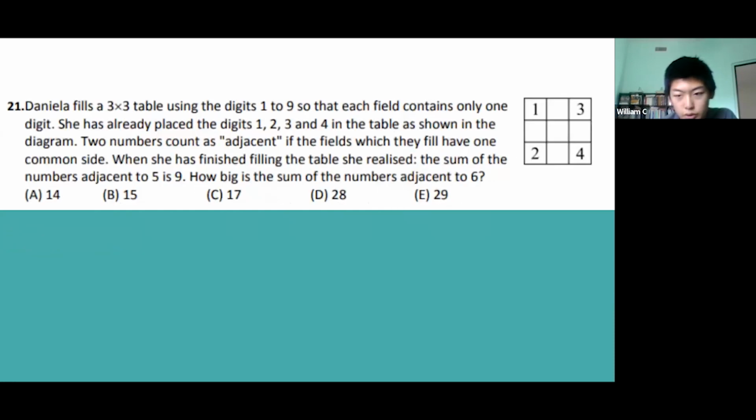Daniela fills a 3x3 table using the digits 1 to 9 so that each field contains only one digit. She has already placed the digits 1, 2, 3, and 4 in the table as shown in the diagram. Two numbers count as adjacent if the fields share a common side. When she's finished filling the table, she realizes the sum of the numbers adjacent to 5 is 9. What is the sum of the numbers adjacent to 6?